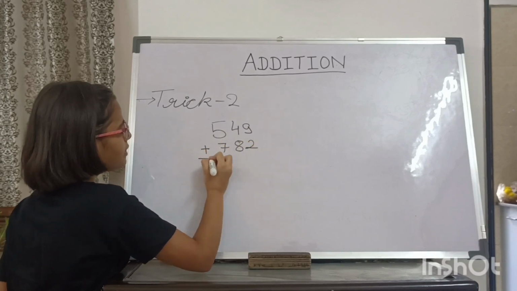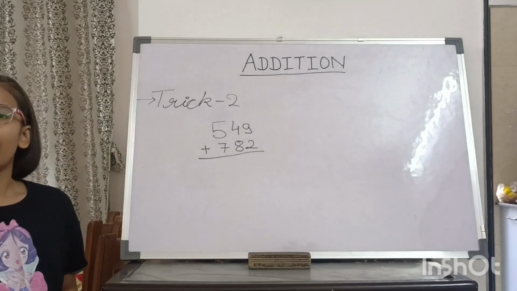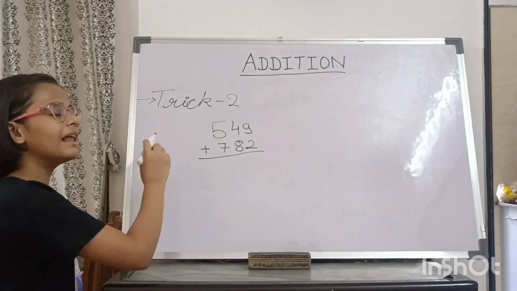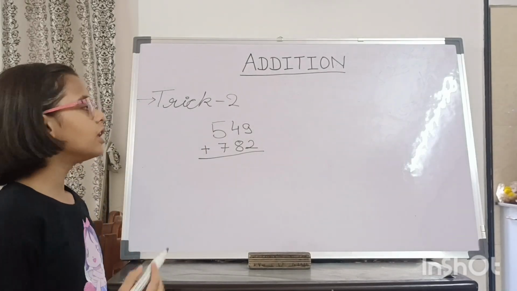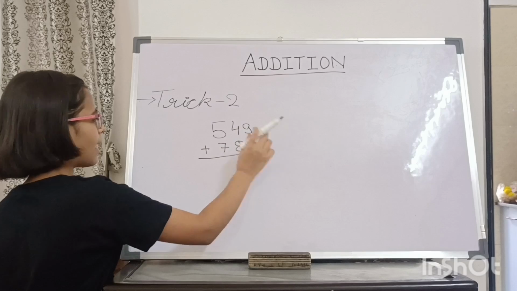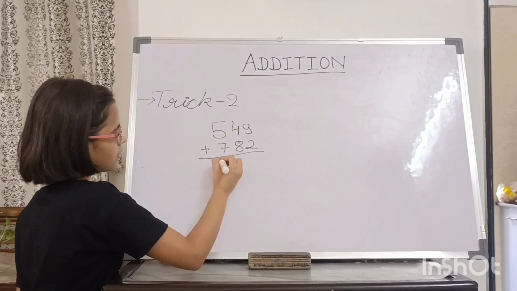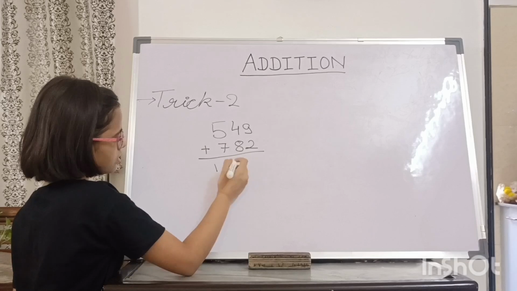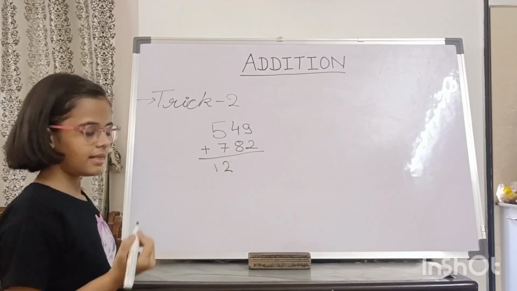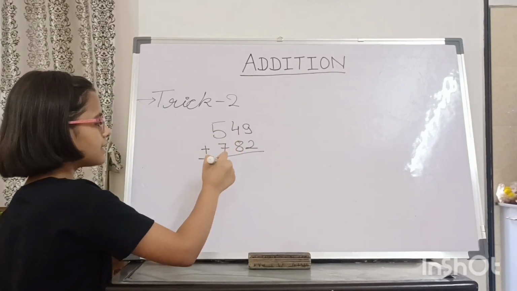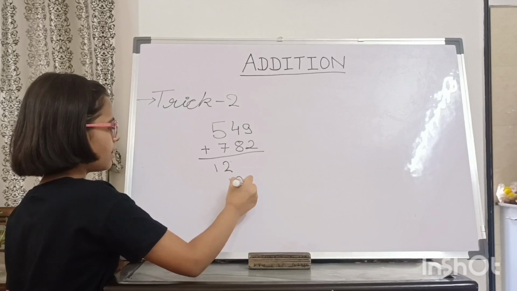So in this trick, you have to start the addition from the left side. But normally, you start the addition from the right side. So 5 plus 7 is 12. Then 4 plus 8 is 12.